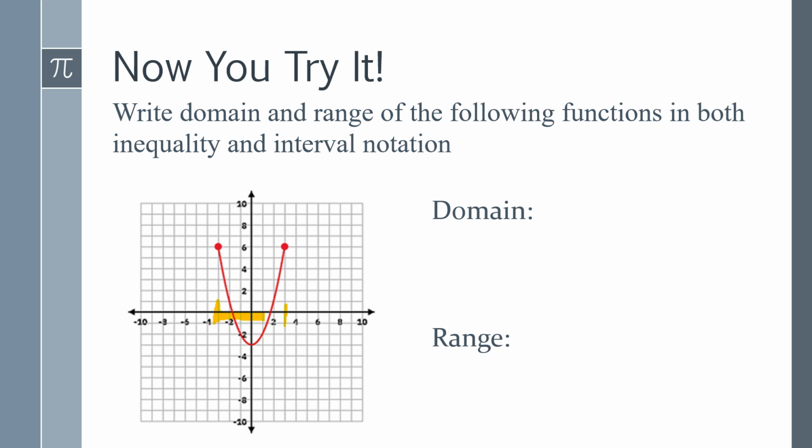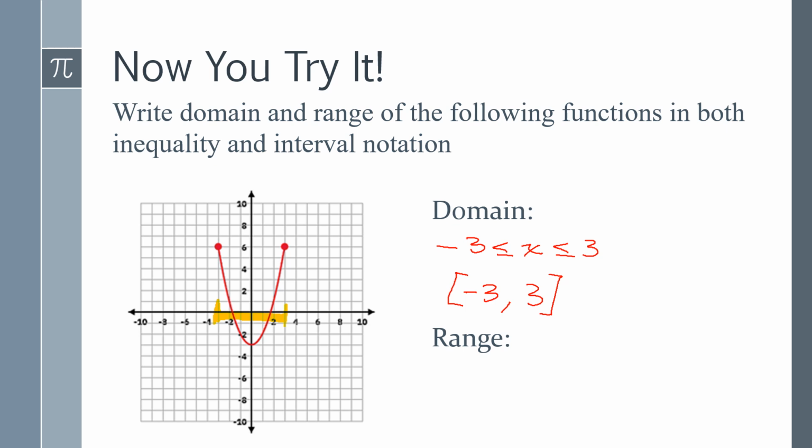So this function has values in the domain of between negative 3 is less than or equal to x, which is less than or equal to positive 3. Now, we would write this in interval notation as from negative 3 to positive 3, just like this.